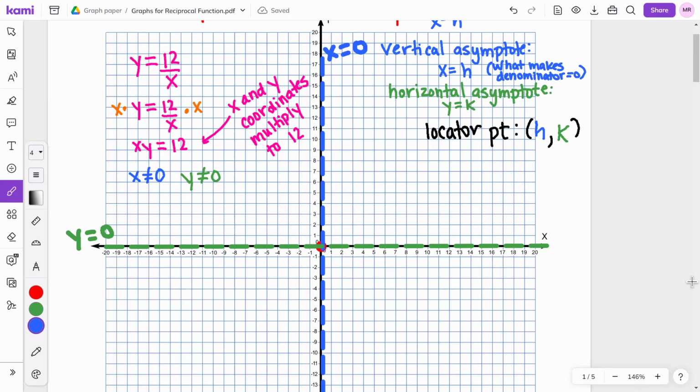So now I am going to graph values that multiply to 12. So I'm going to be plotting, let me just kind of zoom in slightly here.